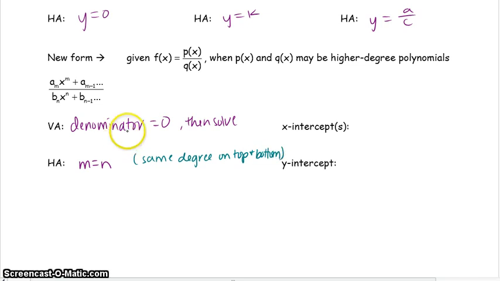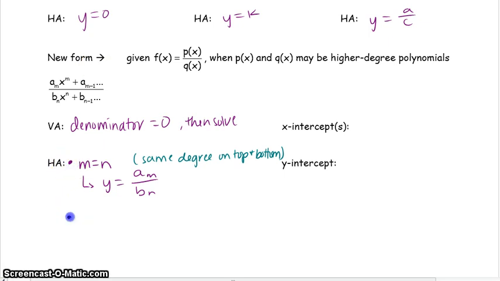And when this happens, our horizontal asymptote is y equals a sub n over b sub n. Okay, so that's just talking about the coefficients that are with our highest degree variable. So it's just like before, except this time it's specifically saying the coefficient in front of our largest exponent variable. Okay, so that is one option.